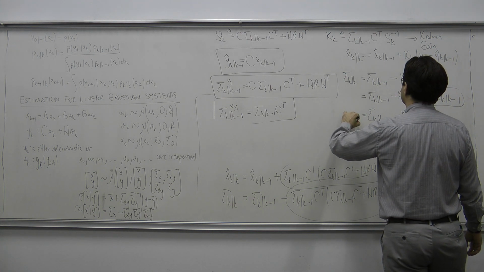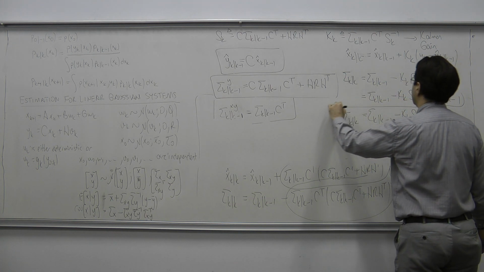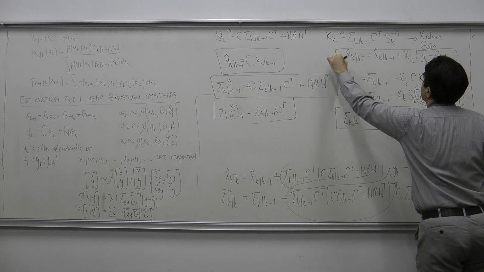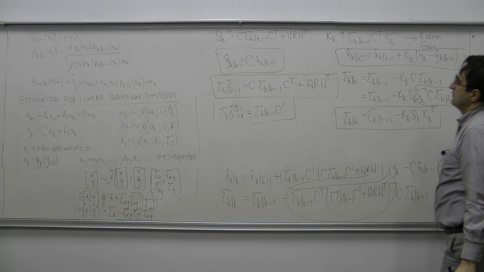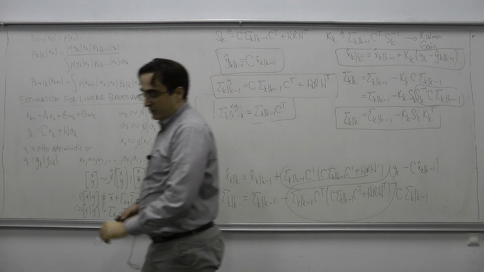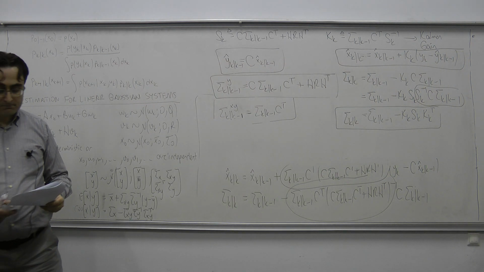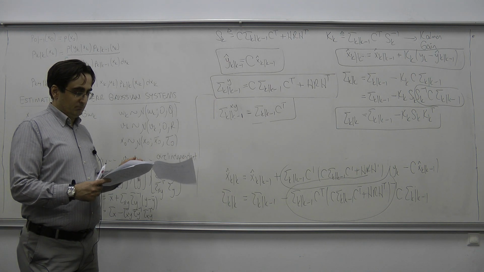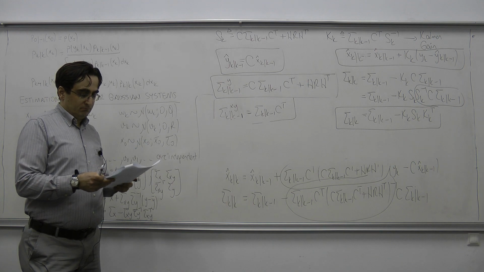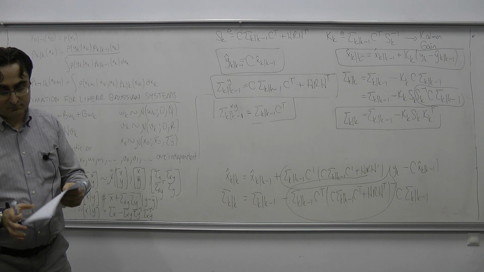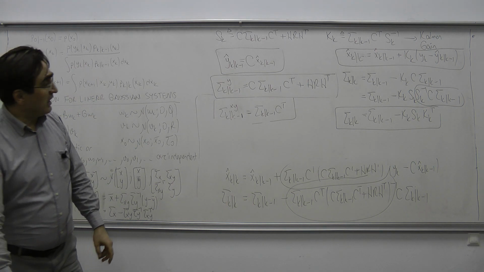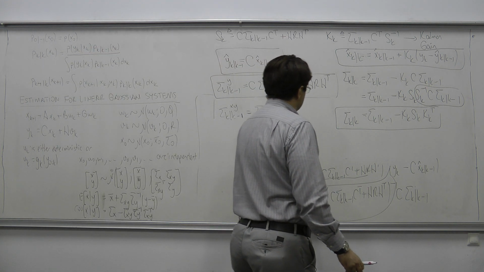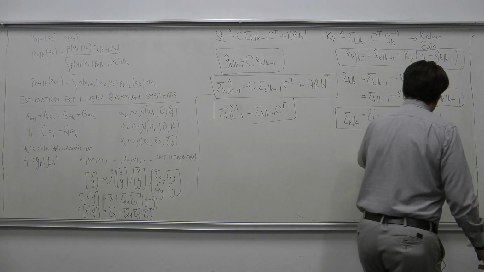So the sigma k given k update formula is given like this, and this is my state update formula. Now I have to talk about some more of these quantities.